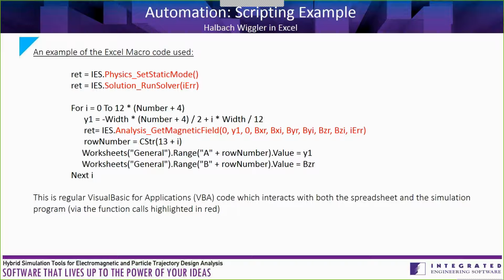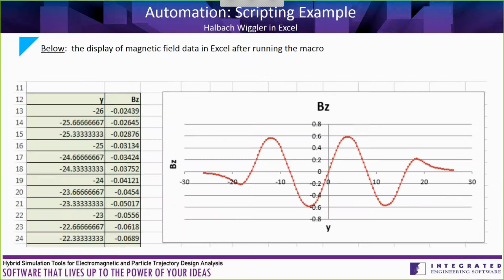Further up in the macro, there are other commands invoked to actually create the geometry. But at the end, after running it, you get a result like this, where the defined output is simply that we're going to produce the magnetic field along a particular line of interest.